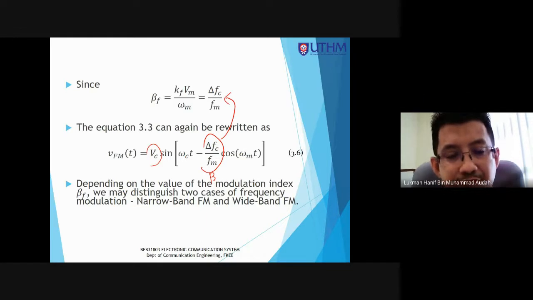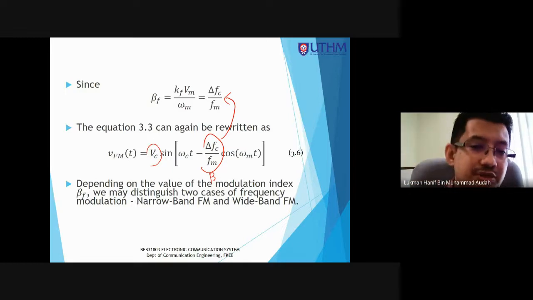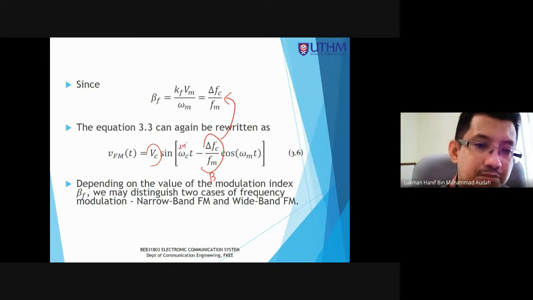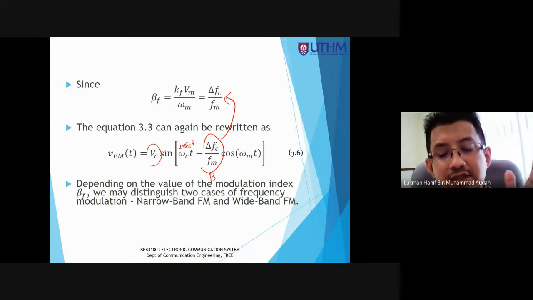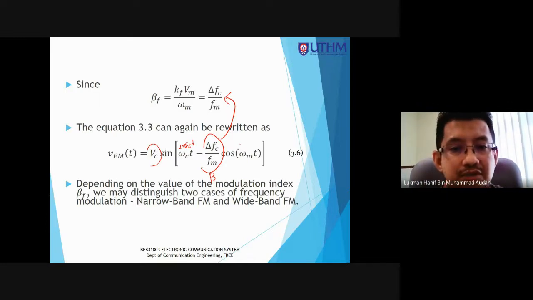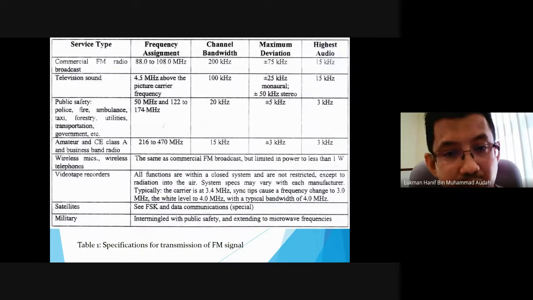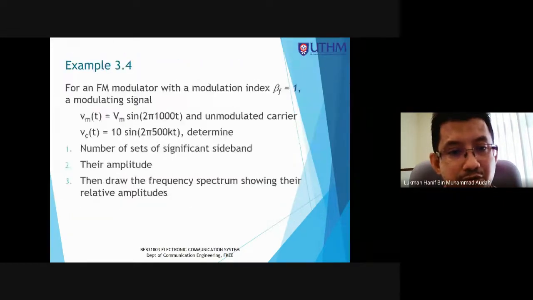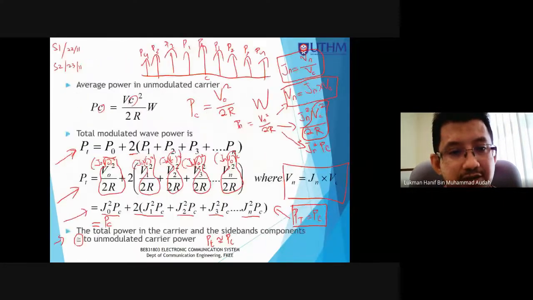So the structure is VC sine or VC cos, no problem, sine or cos. Big bracket, this is 2 pi FCt plus beta cos omega mt. Omega mt is 2 pi fmt. So this is the structure. Okay, so I can continue.